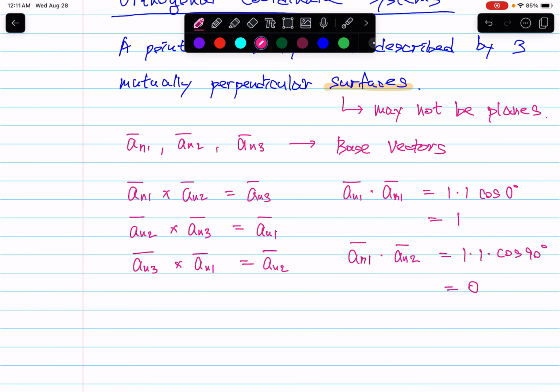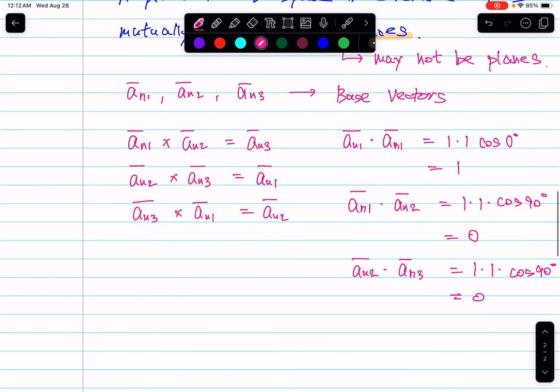And the same thing applies to a_n2 and a_n3. That would also be 1 times 1 times cosine 90, so that'll be also 0. Okay, so unless you multiply by yourself, which will lead to 1, if you multiply with other base vectors, because their angles are all 90 degrees, that's the definition of being orthogonal, that will result in 0.